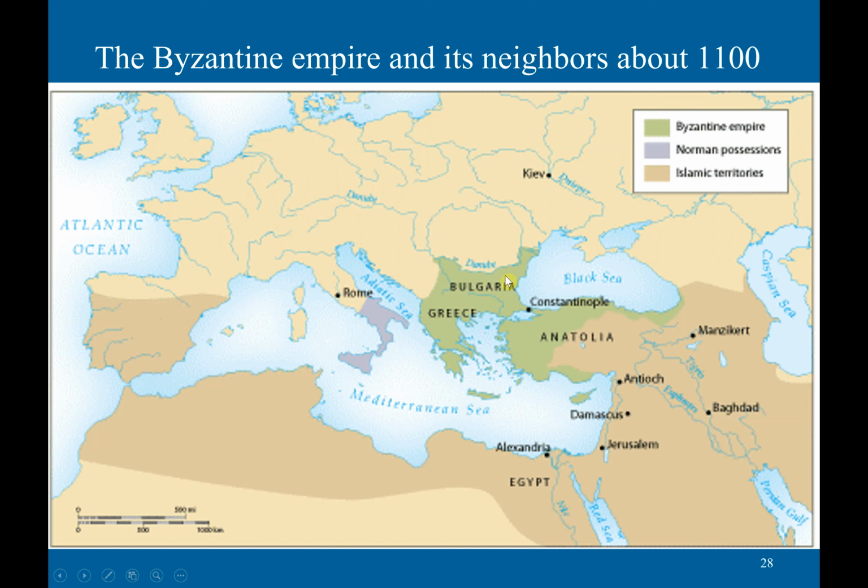And then on the east, you have this gigantic territory under Islam, this gigantic Islamic territory stretching all the way from Persia to Spain, down the Nile River into Egypt, and as we can see, they managed to conquer parts of Anatolia, therefore threatening Constantinople's grain supply.